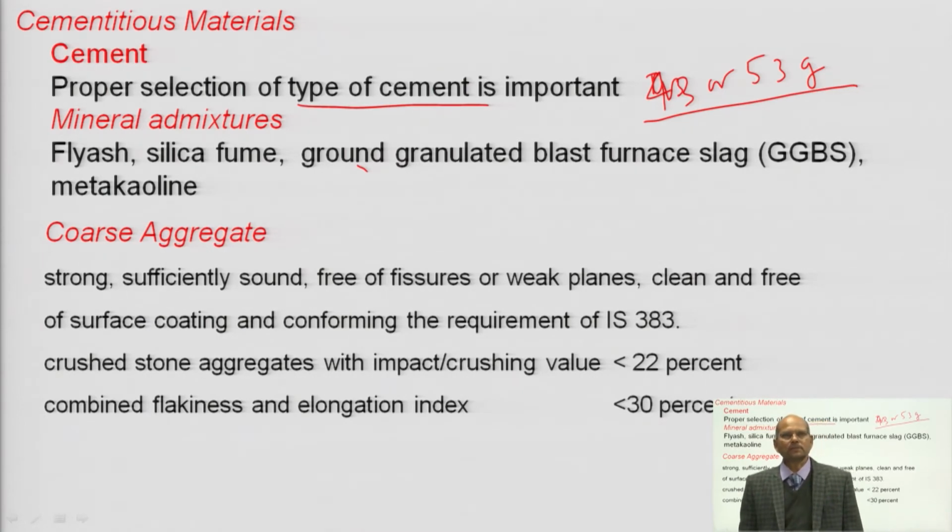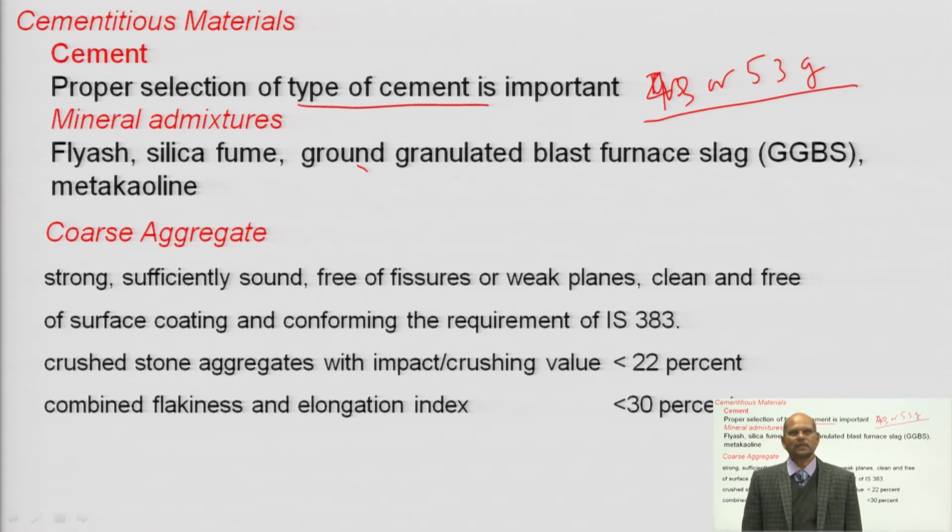So, in that case we can use mineral admixtures. What mineral admixtures can you recommend? Like fly ash, silica fume, ground granulated blast furnace slag, metakaolin. Either you can use them singly or in combination. So, these are the requirements of cementitious material.